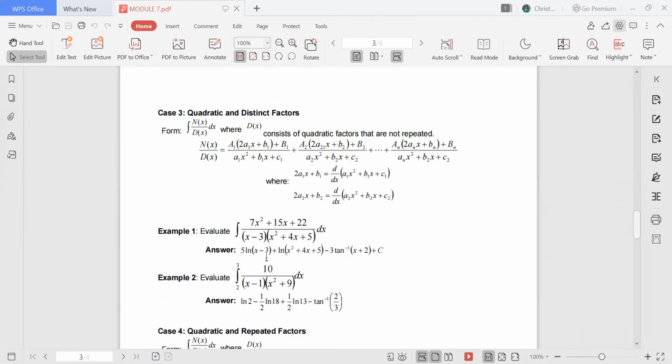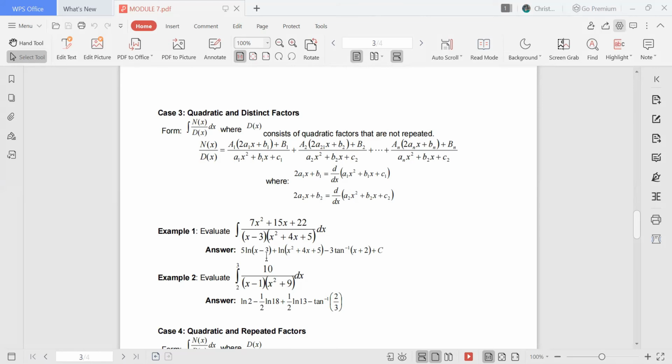Okay, for case 3. Case 3 is almost the same as case 1, but this is for quadratic. Case 3 is for quadratic and distinct factors. The form for case 3 is the integral of n of x over d of x dx, where d of x consists of quadratic factors that are not repeated. So the given should still be a proper fraction.